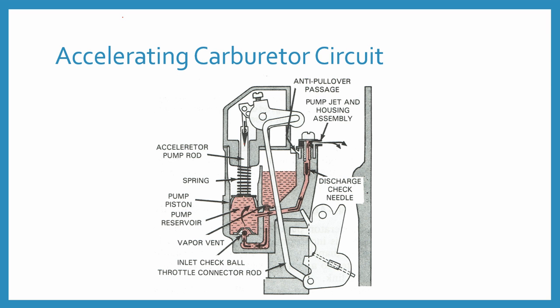Therefore the air and fuel ratio becomes temporarily lean at the time when a richer mixture is actually required for more power. To overcome this situation, the acceleration pump is provided in the system to momentarily supply the additional fuel until the flow from the main fuel nozzle increases.